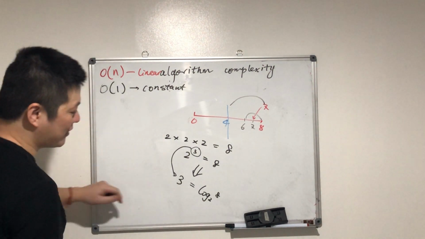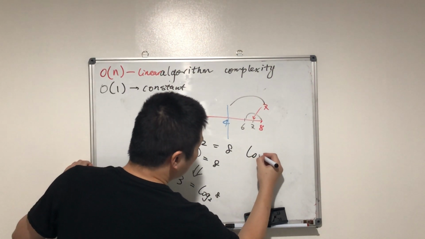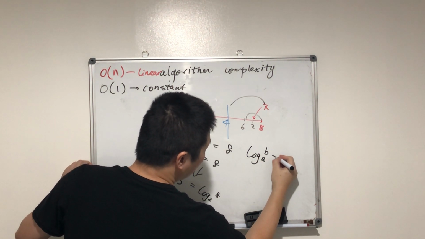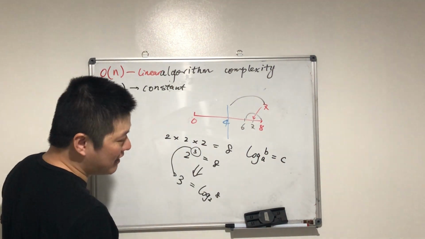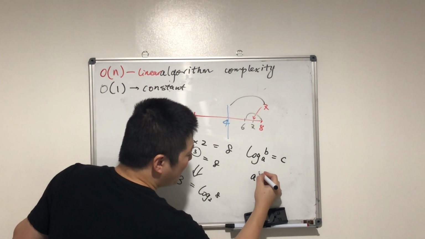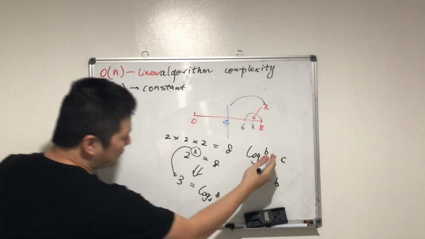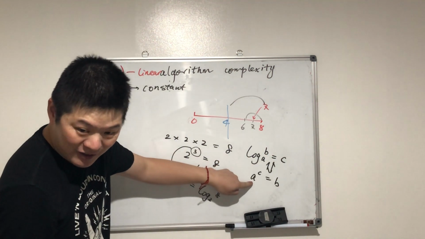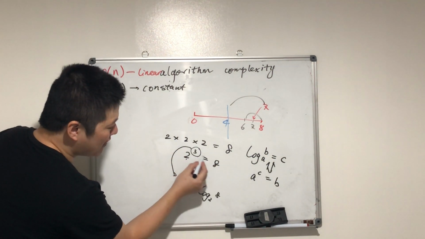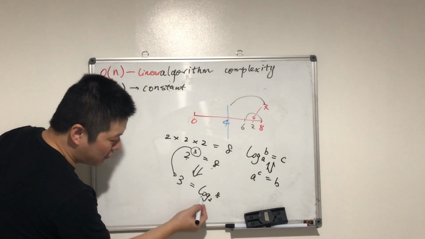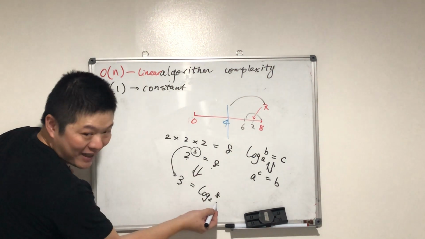This is the log function. Basically, if log base A of B equals C, then A to the power of C equals B. You can transform them into each other. So 2 to the power of 3 equals 8, so we can write 3 equals log 2 of 8.